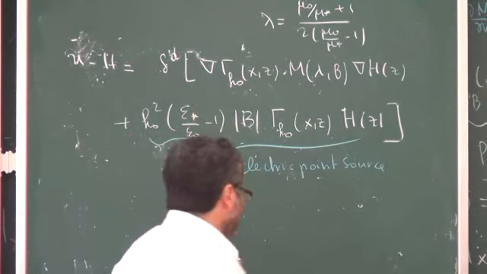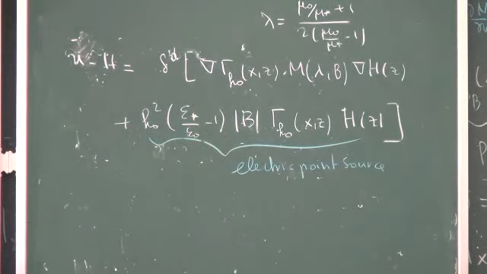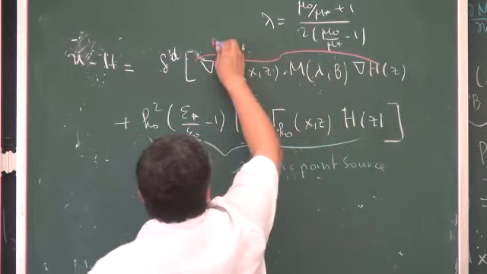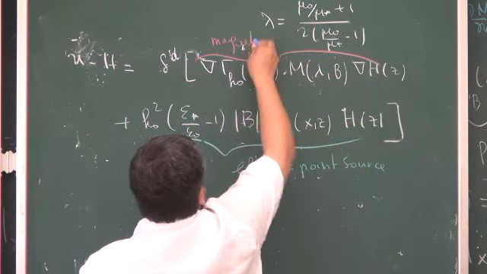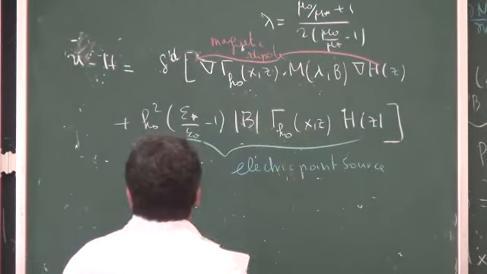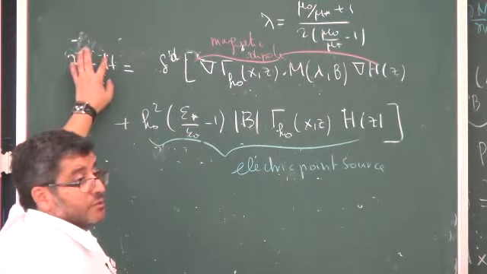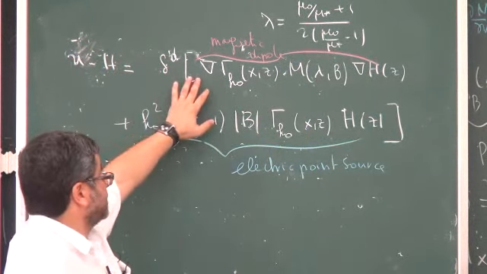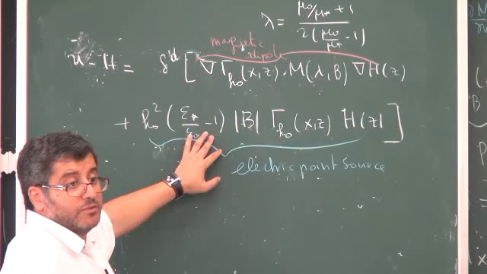And this one is the magnetic dipole. If there is no magnetic contrast, there is no contribution. So the perturbation induced by the inclusion is just the sum of a magnetic dipole and an electric point source.